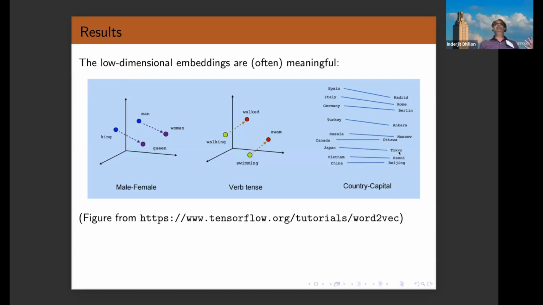So even though these representations can sometimes look a little arbitrary, there was a lot of semantic information being preserved. A lot of it was because the way of producing these lower dimensional embeddings was really scaled up.